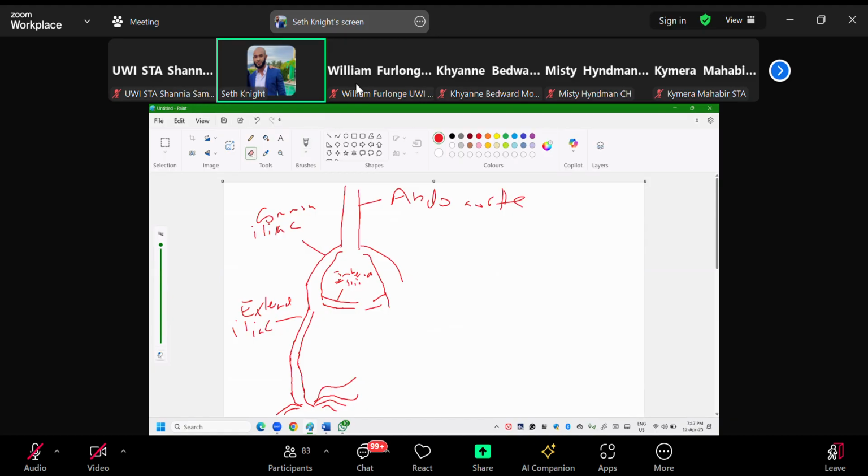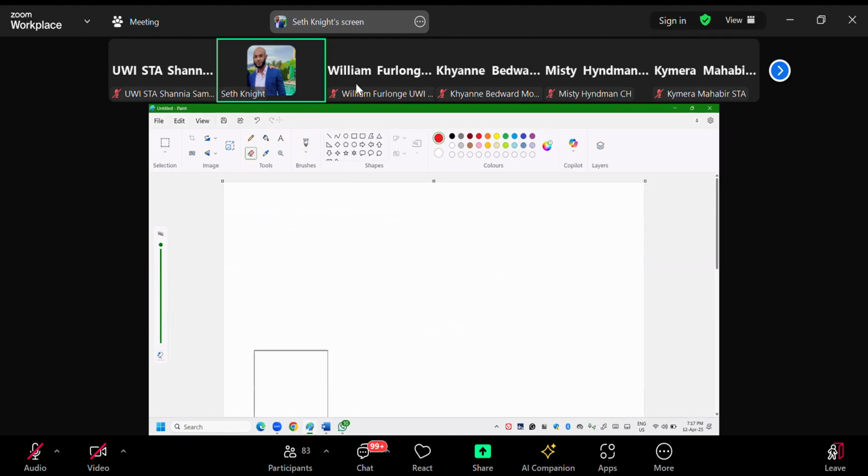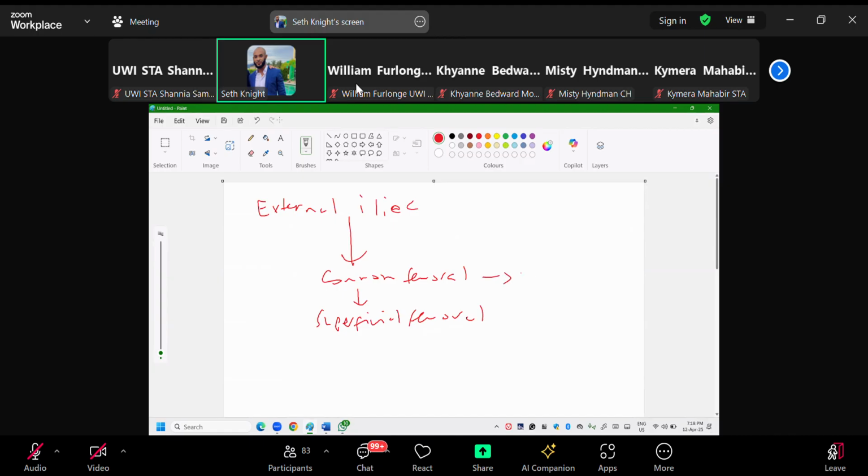So what we're dealing with when we speak about chronic lower limb ischemia, most of the time has to do with the vessels of our external iliac. I'll just put it in words for you all. So the external iliac is going to become the common femoral. Common femoral is going to become the superficial femoral. It also gives a branch here, the profunda femoris.